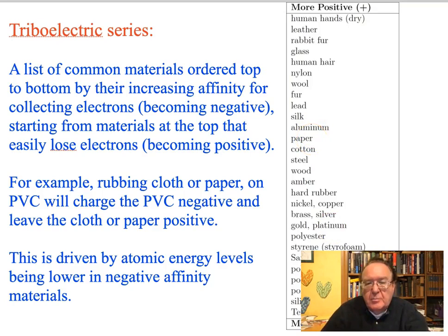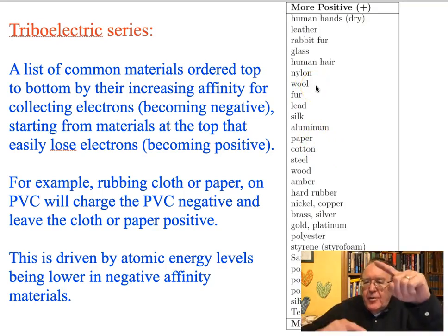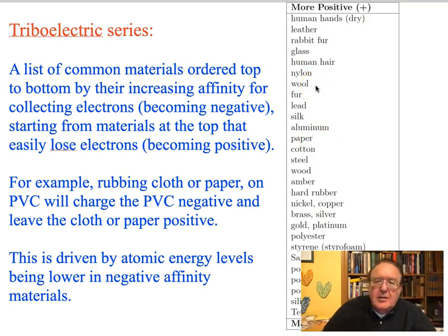So in your box there's a PVC pipe, 8 inches or so, and if you rub the PVC with paper, or if you like with wool, which works even slightly better because they're further apart in the triboelectric series, then the PVC will become negatively charged because electrons will come from the paper onto the PVC pipe, and the paper or wool will be left positively charged because they've given up their electrons to the PVC.